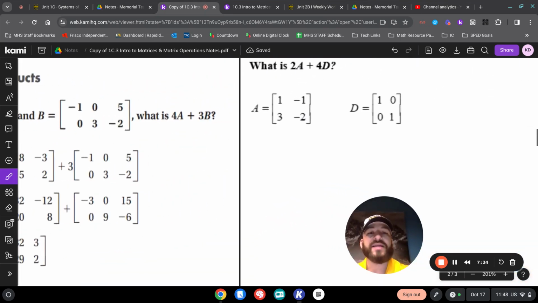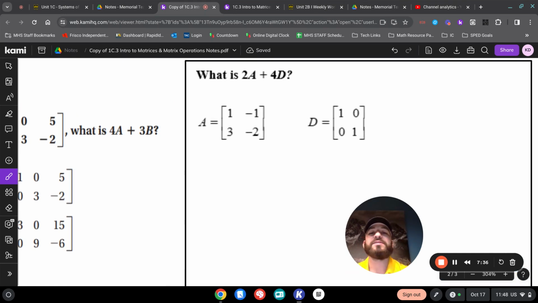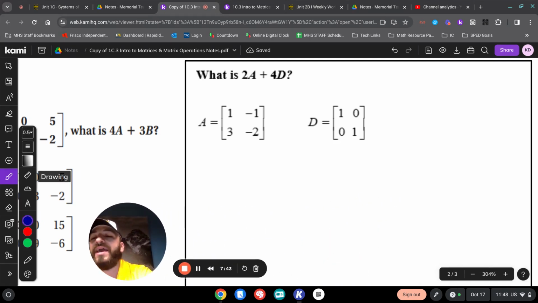Okay, so let's look at this example here. What is 2A plus 4D? Okay, so 2A and 4D, that's going to be 2 times A first. So 2A is going to be equal to just every single one of these multiplied by 2.